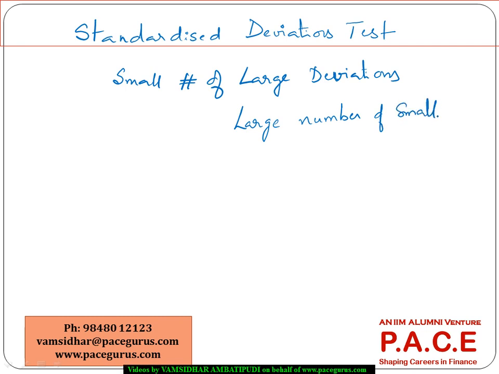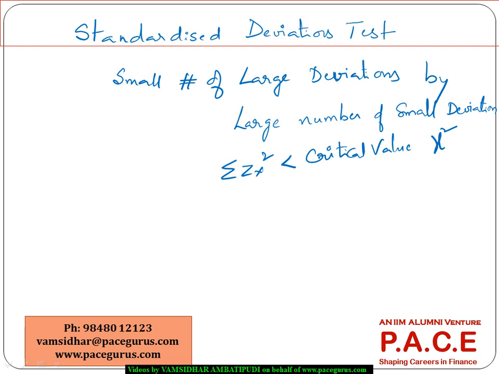If a small number of large deviations are getting offset by a large number of small deviations, so that the overall sigma zx squared is still lesser than the critical value based on the chi-square test, and finally making a conclusion that there is no significant difference between the observed rates and the graduated rate. So that is the main intention of using the standardized deviations test.